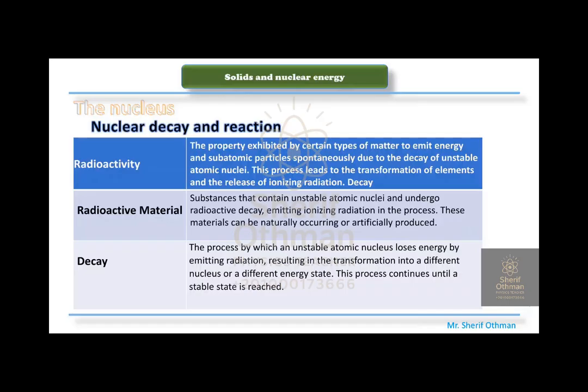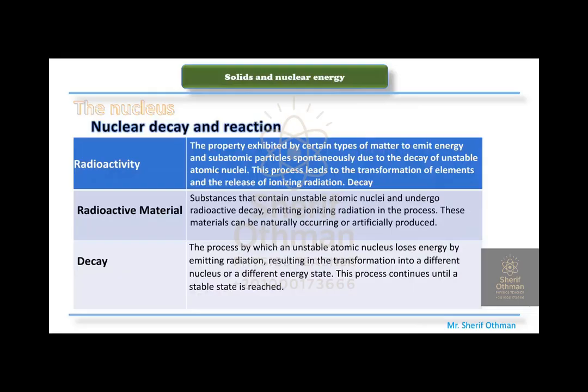Nuclear decay and reaction. To describe nuclear decay, we must know that some atoms, especially isotopes, become unstable with a large amount of nucleons inside them. So they must get rid of some neutrons or protons to be stable. This process occurs by something called radioactivity.